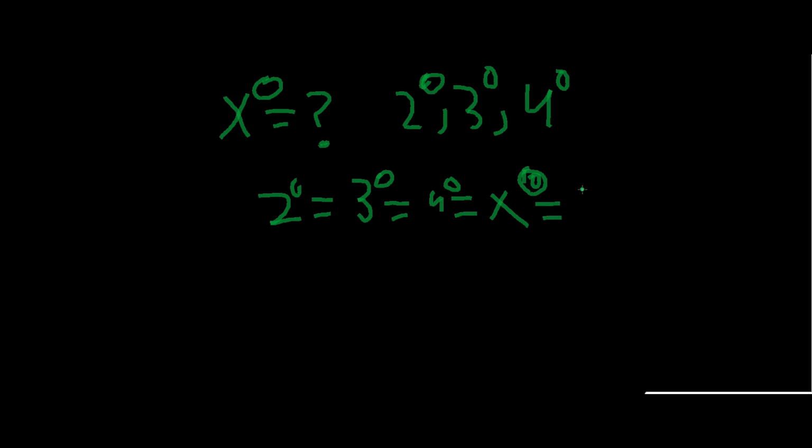Let's say we have 4 to the 4th. This is a proof of why anything to the 0 equals 1. Let's say we have 4 to the 4th over 4 to the 4th.